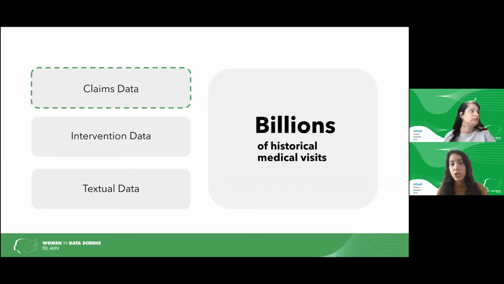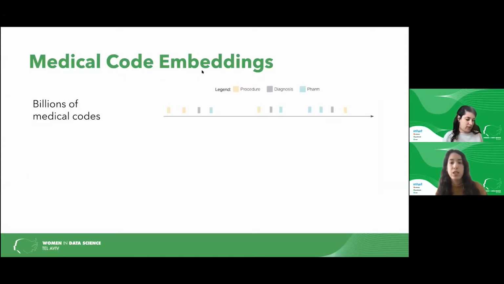Let's assume a patient goes to his doctor, and after visiting the doctor, he pays, for example, $100. Now he has the chance to claim these $100 back from the insurance company. These claims contain information about pharmacy, lab tests, diagnosis, and procedures. Unlike EHR data, it is even more noisy.